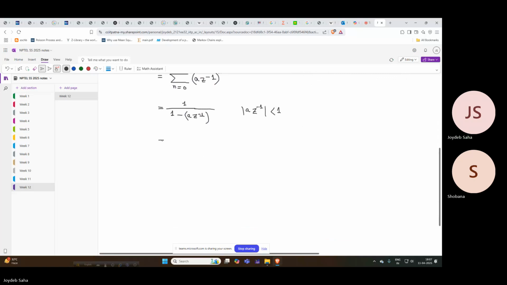So we can write it as 1 upon 1 minus a by z, with mod z greater than mod a, which is equal to z upon z minus a.